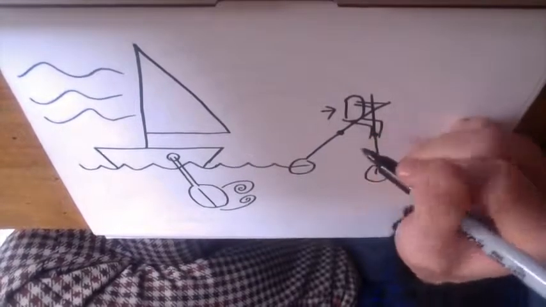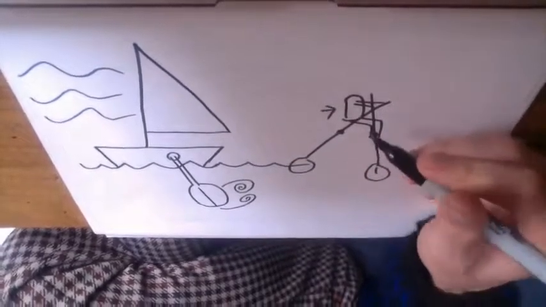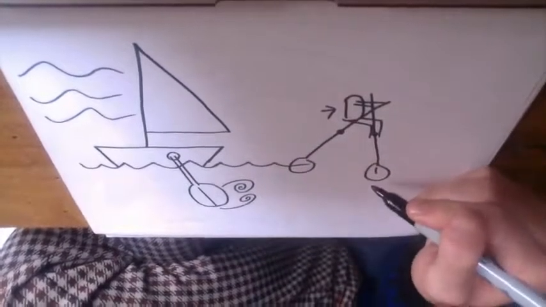Like this back and forth motion right here, we've hooked up a light bulb and we're harvesting energy from the back and forth motion right here. And we're kind of ignoring that there's a paddle in the water.